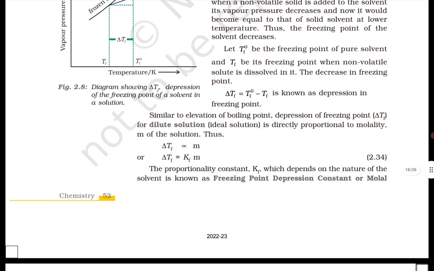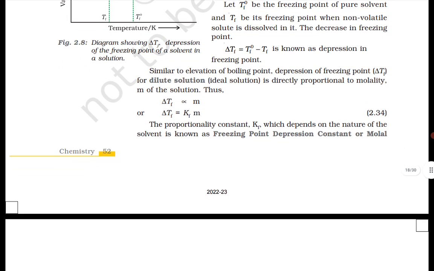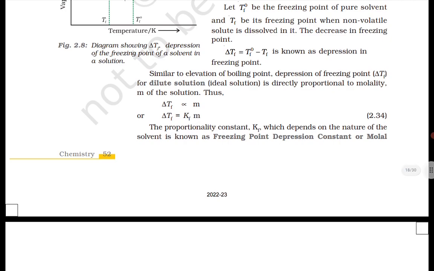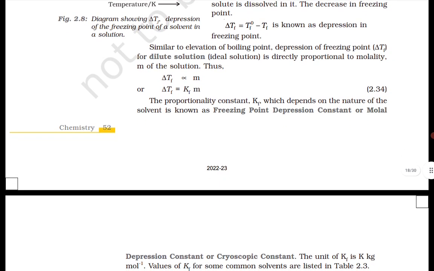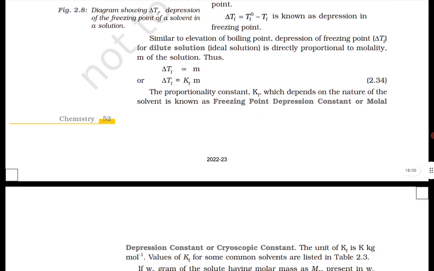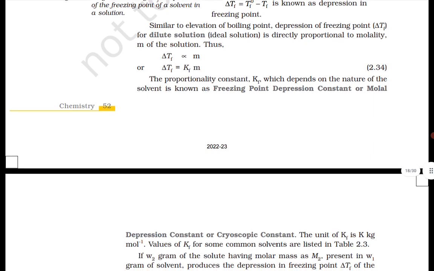Thus, the freezing point of the solvent decreases. Let Tf naught be the freezing point of the pure solvent and Tf be the freezing point when a non-volatile solute is dissolved in it. The decrease in the freezing point, del Tf equals Tf naught minus Tf, is known as the depression in the freezing point.